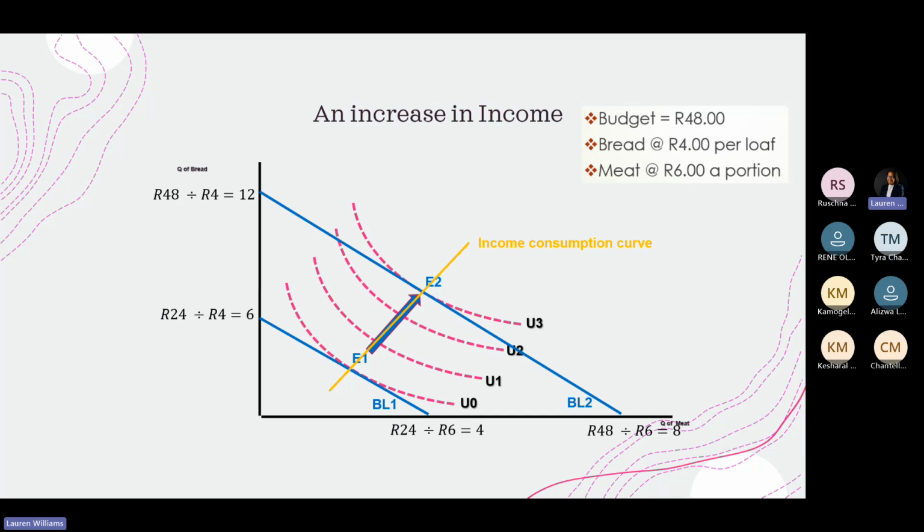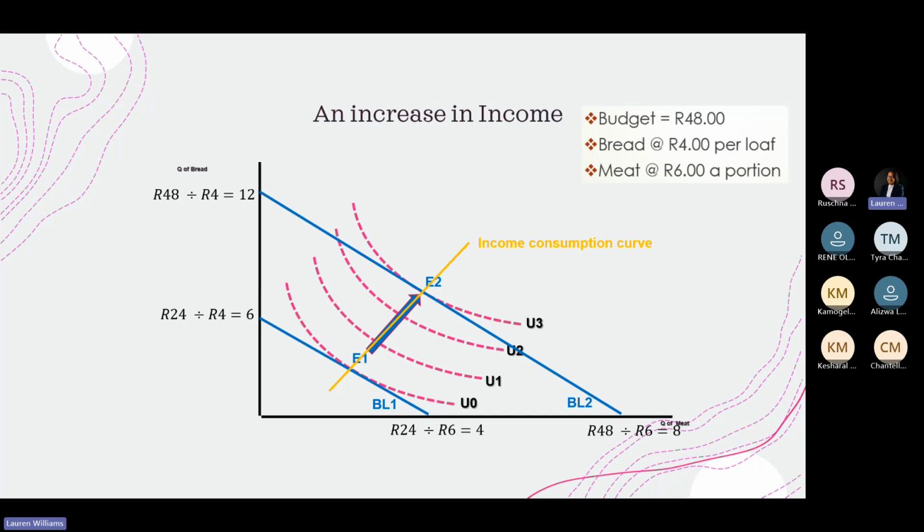So there you have it now. Okay, so 48 divided by 4, you get 12, and then 48 divided by 6, and you get 8. And you have a new budget line as well as a new utility curve. So you have a new point of equilibrium.